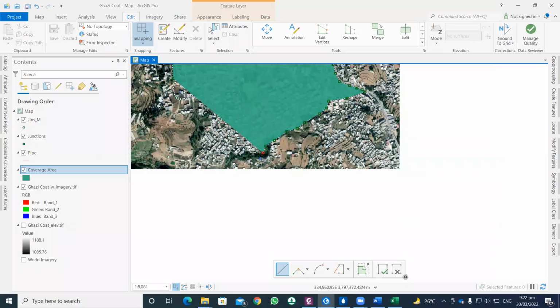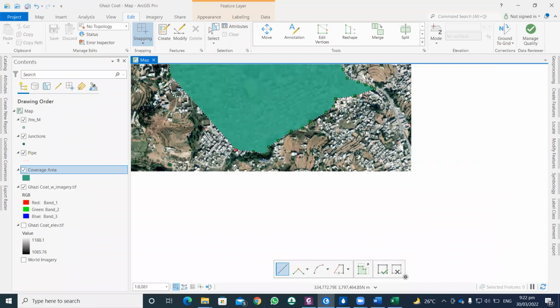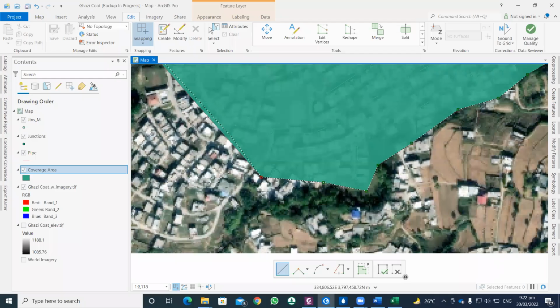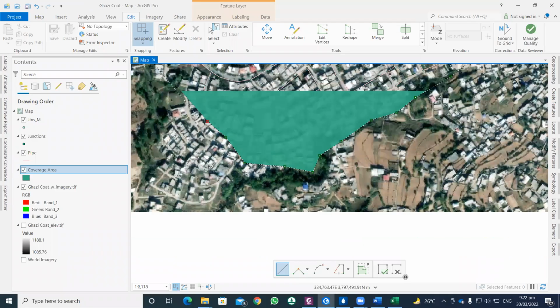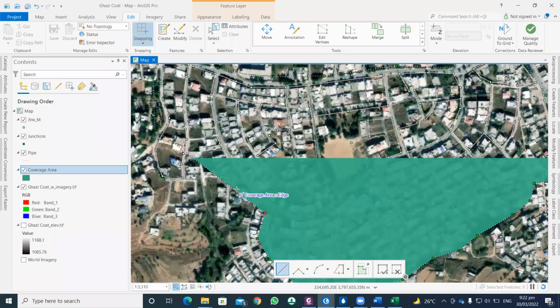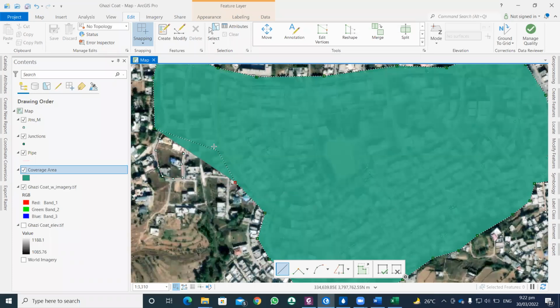So I just want to show you in WaterGEMS. In GIS, most of the people find it difficult to use GIS, so it confuses them.